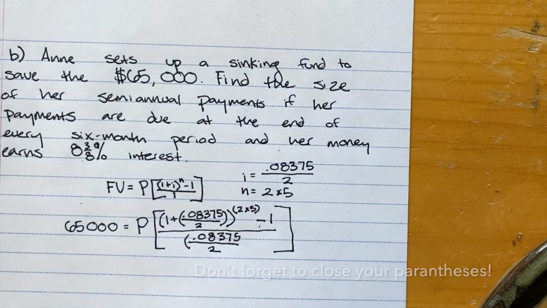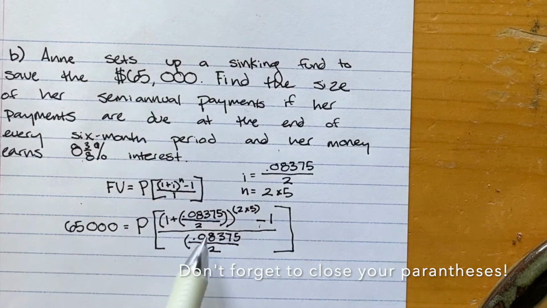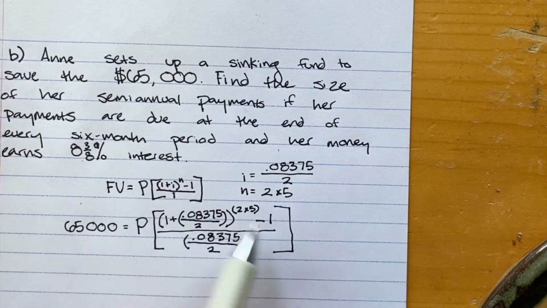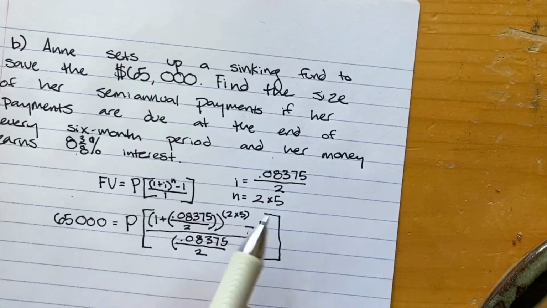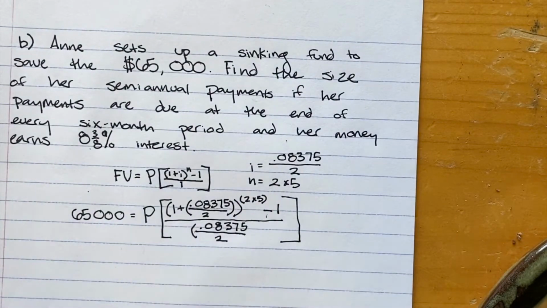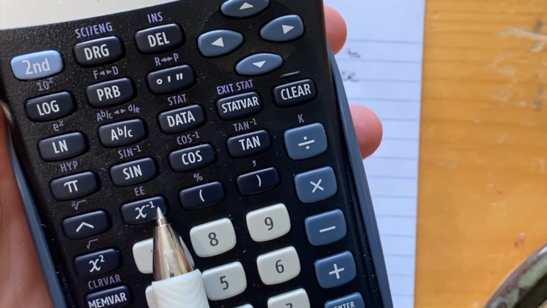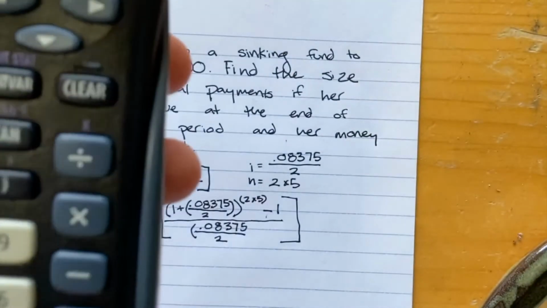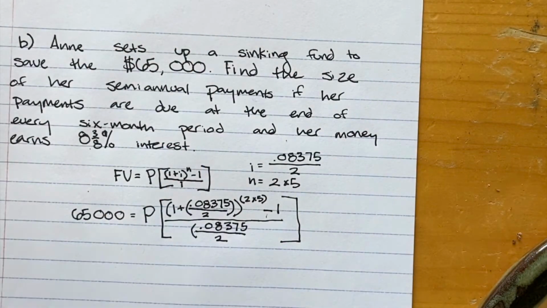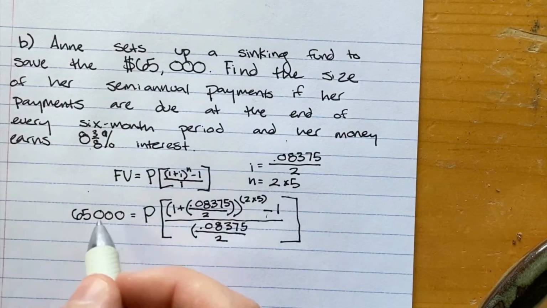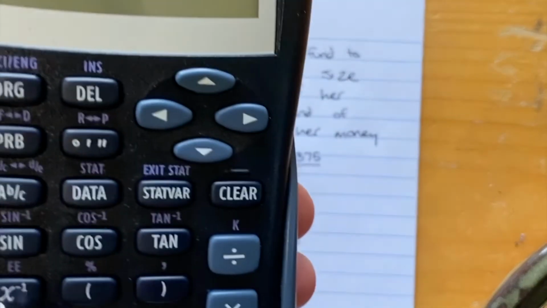So it's kind of filled out, but it's not too bad. What you're going to want to do is calculate what's in the brackets first, and then once you've got the information in the brackets into your calculator, you're going to multiply that number by this x to the -1. So you're going to press that button, hit enter. Once you have that answer, you're going to multiply that answer by the 65,000, because this is the inverse button.